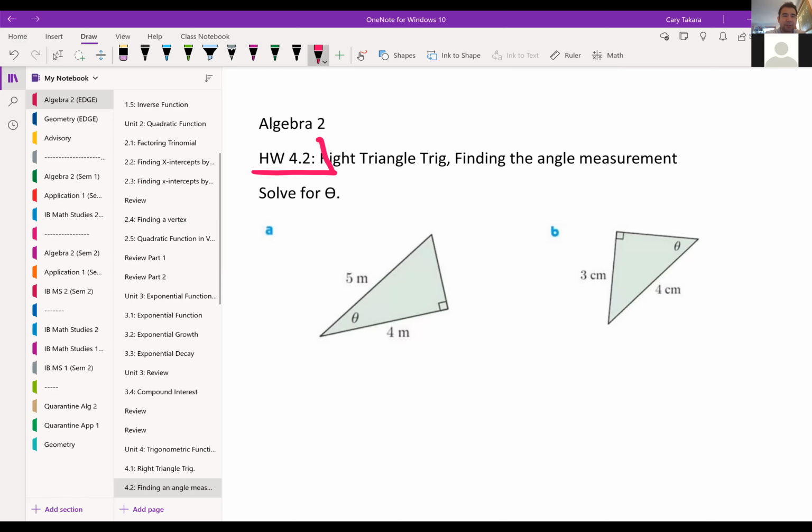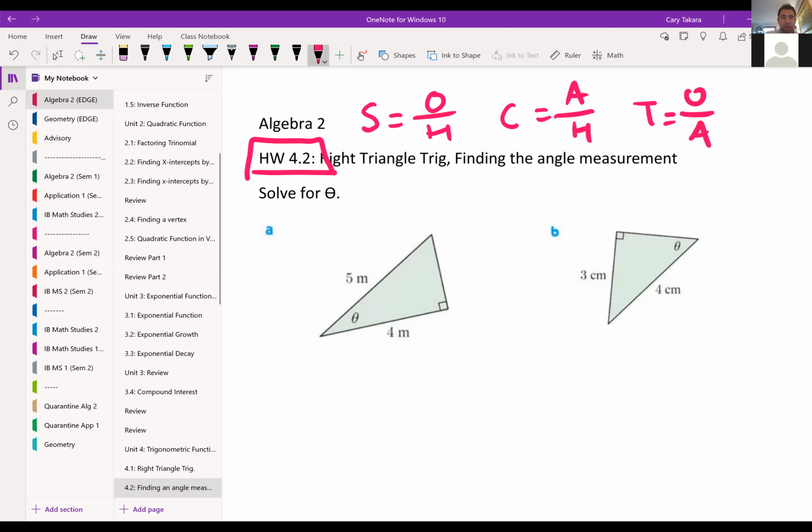So please write down homework 4.2, okay? I'm gonna spell out SOHCAHTOA. Okay, you guys ready?